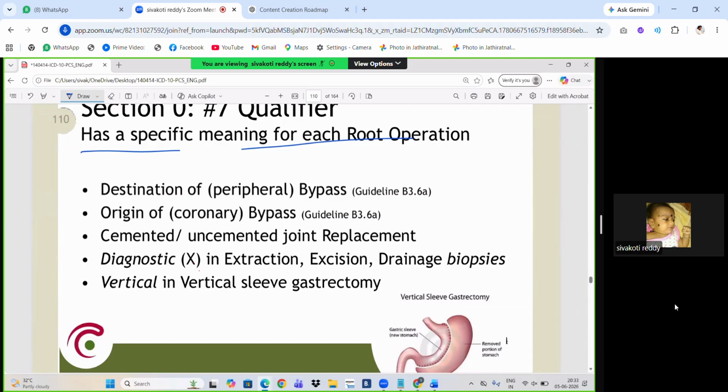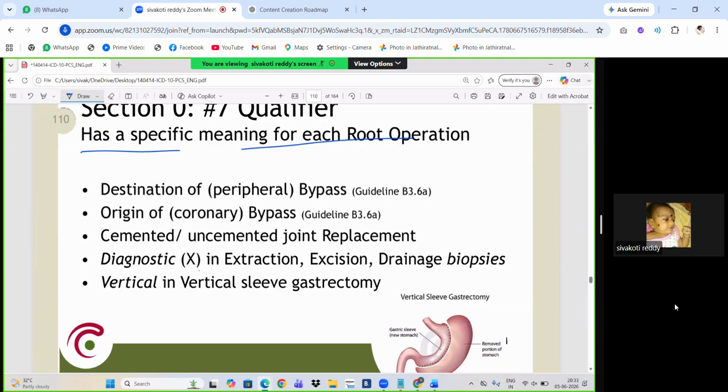There is no specific definition for qualifier. It is based on the root operation. Each root operation has its own specific qualifiers.